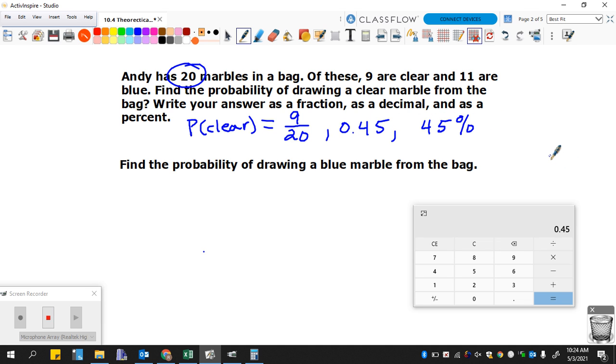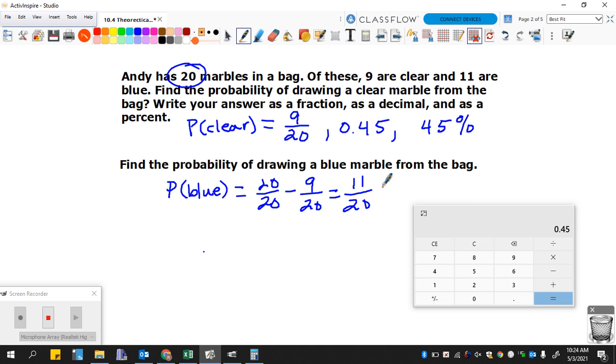So what's the probability of drawing a blue one? Remember, the blue is the complement. So we're just going to say the 20 over 20, or 1, minus the probability of the clear one, which is 9 out of 20, which gives us 11 out of 20.